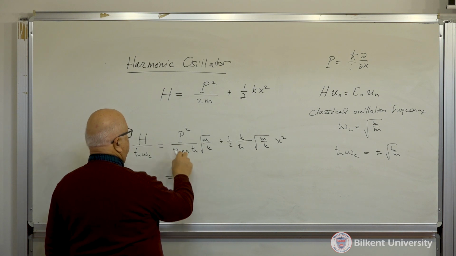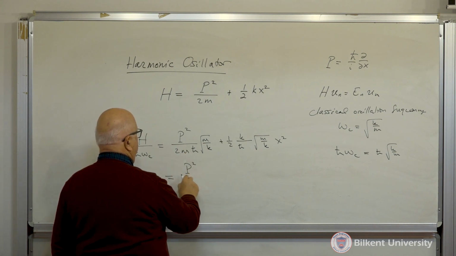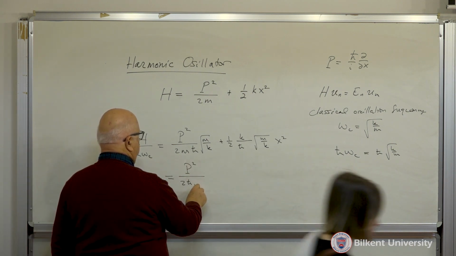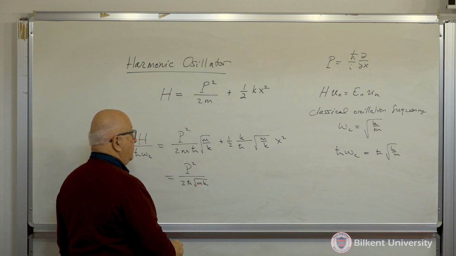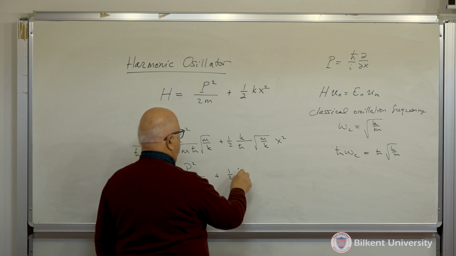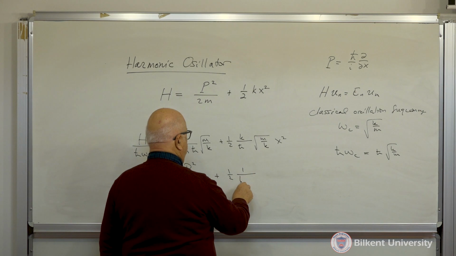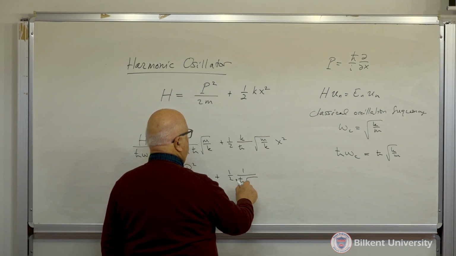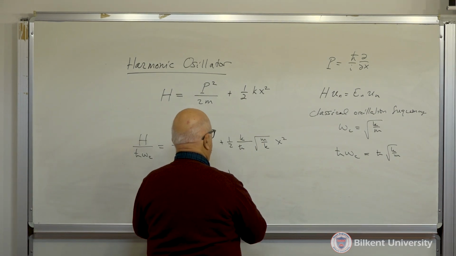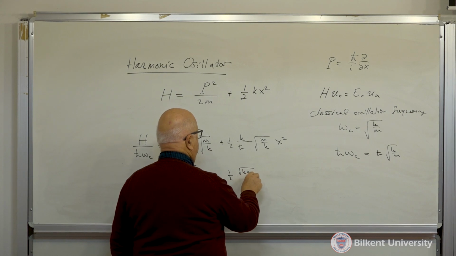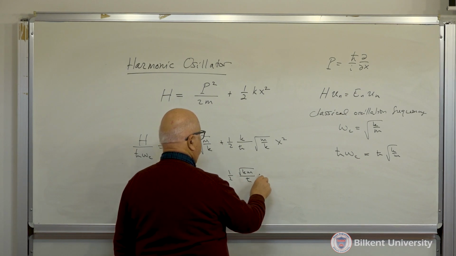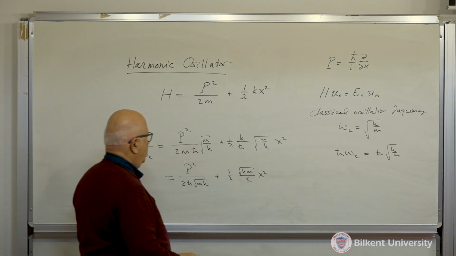So with a little algebra: p squared over 2 h bar square root of m k, plus 1 over 2 times 1 over h bar, square root of k m, times x squared. Let me check my algebra. Right?